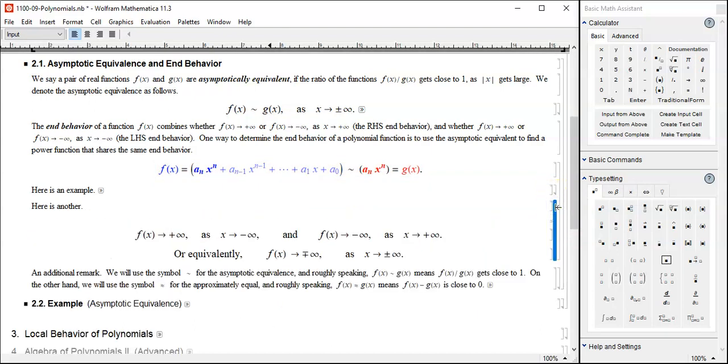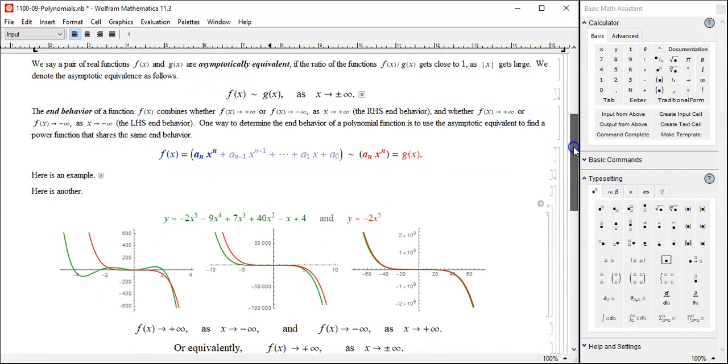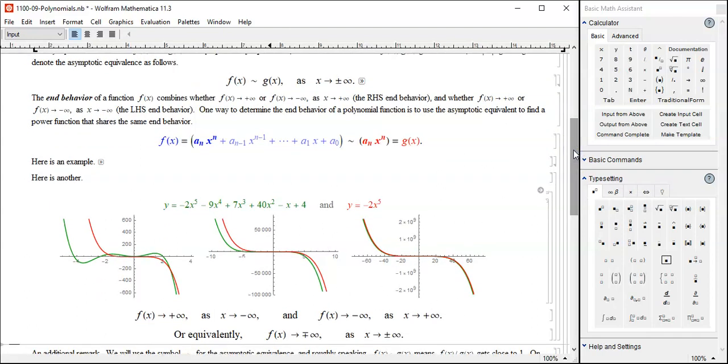By the way, here's another example, this time odd degree. So, throw away all the unimportant terms and then simply take the leading term, y equals negative 2x to the 5th power. Compare those two graphs. The polynomial graph, that's green and that's complicated, far more wiggly, and then at a little bit larger scale and then a much bigger scale, now these two are indistinguishable.